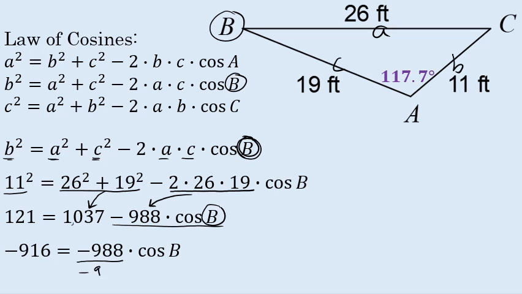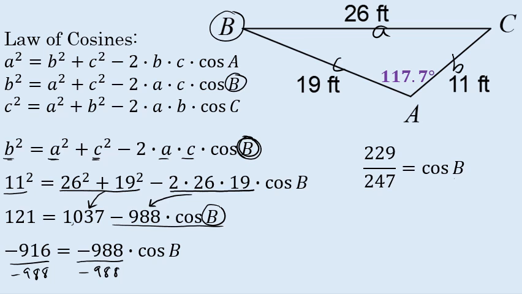Next will be a division. I'll divide both sides by negative 988, and I'll leave this as a fraction. I'll leave the quotient negative 916 divided by negative 988 as a fraction in lowest terms. A negative divided by a negative is a positive, and in lowest terms, 916 over 988 is 229 over 247.